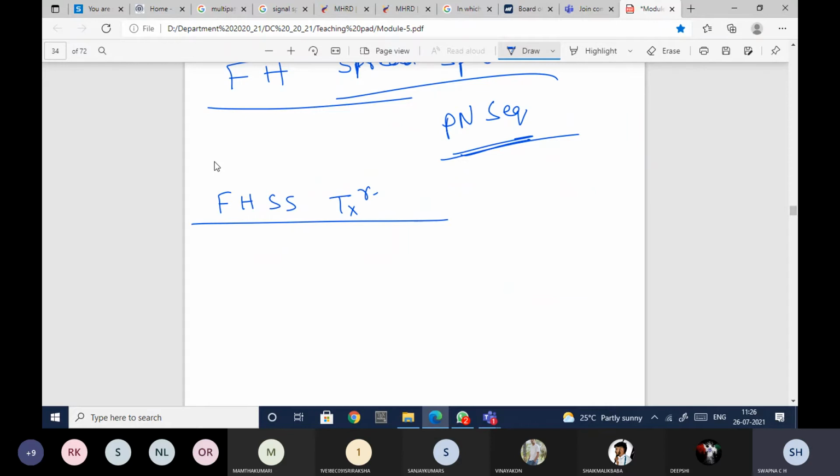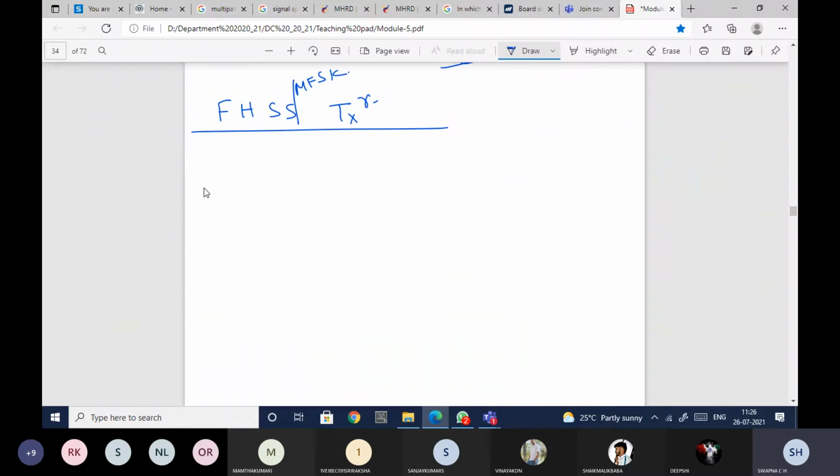In the exam they may ask you to explain the generation and detection of frequency hop spread spectrum. We also call this MFSK with spread spectrum. Whatever I'm doing now is with spread spectrum. So the block diagram is given in this way.